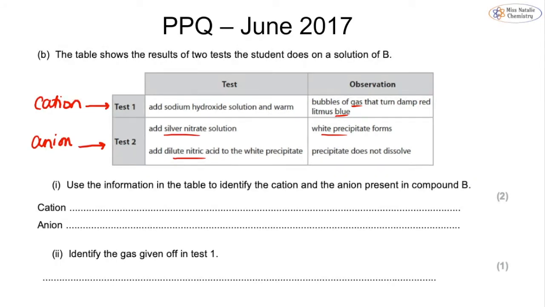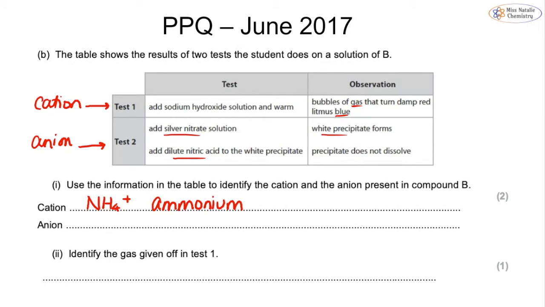It can only be one, which is ammonium, which is NH4+. Notice that you must have the charge. If you do not write the charge, you do not get the mark. Also, if you write the formula and the name, you must get both of them correct. So if you can't remember ammonium's formula, just write the name. If you write both, you have to have them both correct.